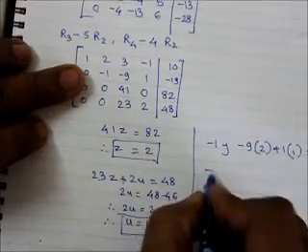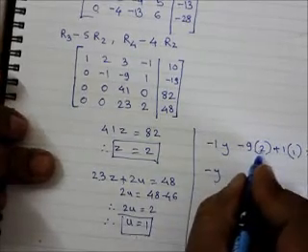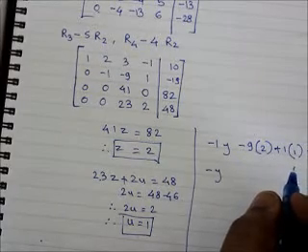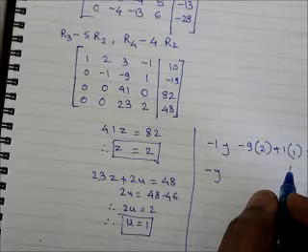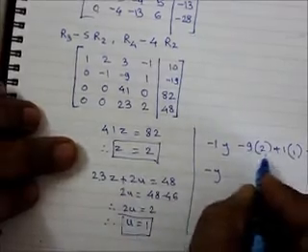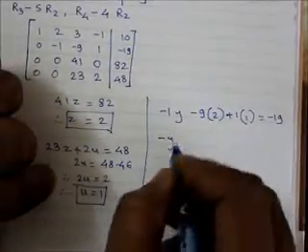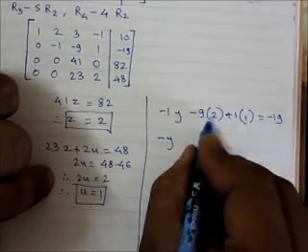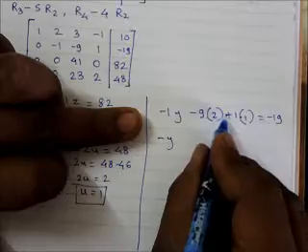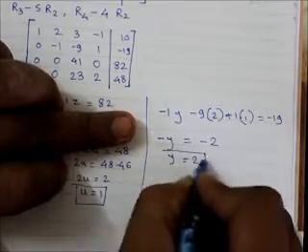So minus y is going to be equal to minus 18, taking these on the right hand side, minus 18 plus 1, that gives you a minus 17, so minus y is going to be equal to minus 2, therefore y is equal to 2, right?